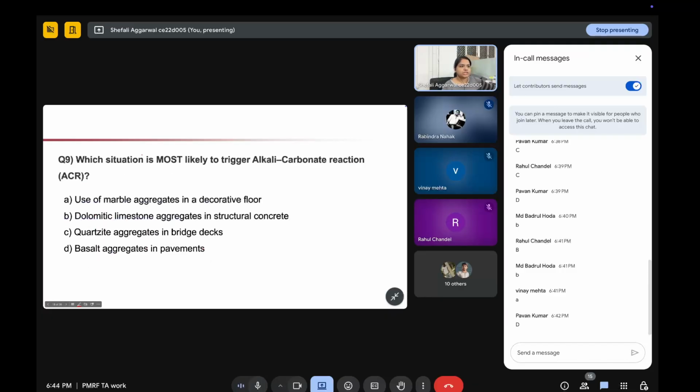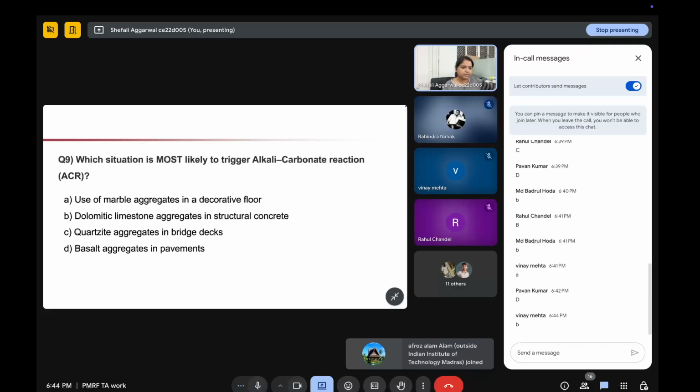Which situation is most likely to trigger alkali carbonate reaction? Use of marble aggregates in decorative floor concrete, dolomite limestone aggregates in structural concrete, quartzite aggregates in bridge decks, or basalt aggregates in pavement. Any idea? B. Okay. Anybody else who thinks some other option is correct?